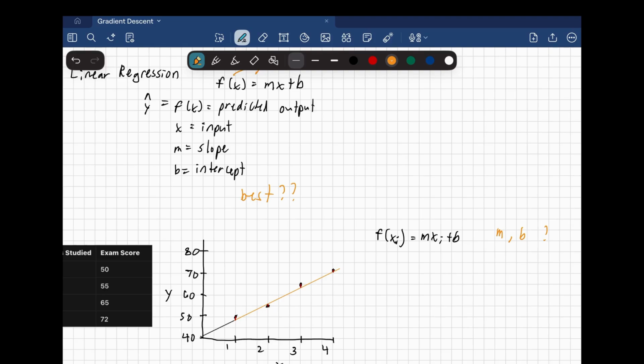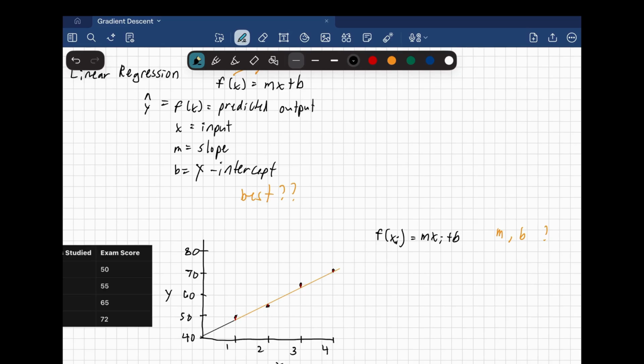Well, actually, to be clear, this should be the y-intercept.